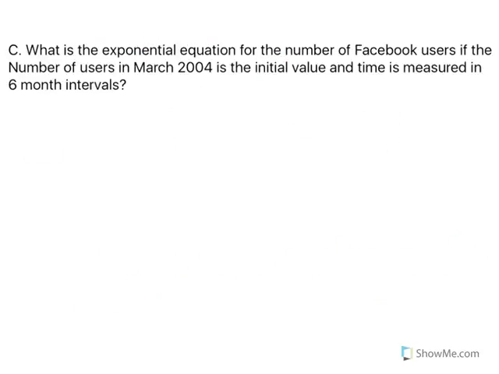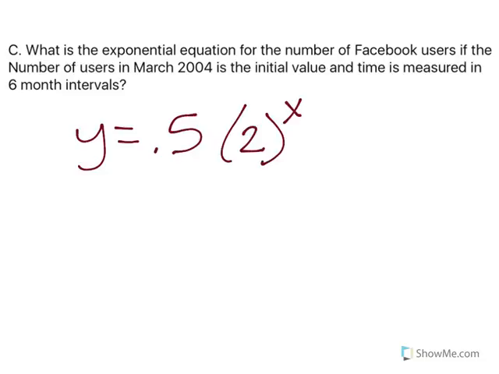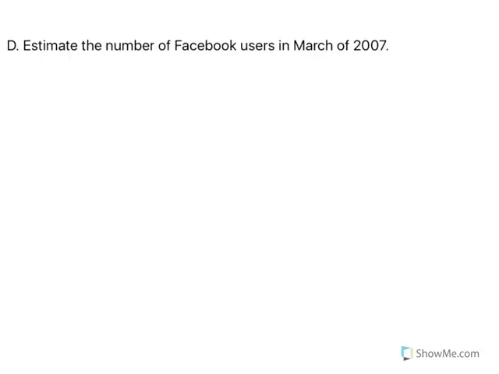What's the exponential equation? Well, I started with 500,000 users, everything doubled, time period. And I use 0.5 for 500,000, knowing my answer needs to be in millions. Estimate the number of Facebook users in March of 2007. In March of 2004, X was 0. This is 3 years later. Remember, X is in 6-month chunks.